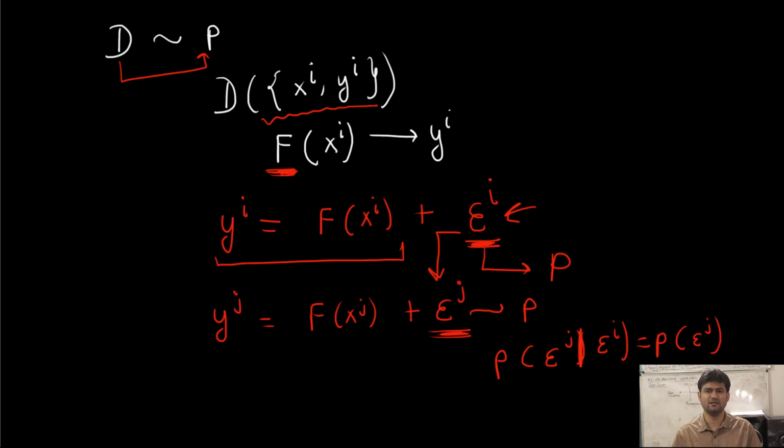So this is what we mean, crudely speaking, that a dataset is drawn from some distribution. It means that the errors in the dataset have some distribution, and all those errors on each of the data points are drawn from the same probability distribution P.